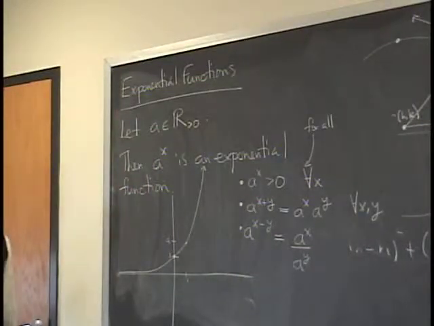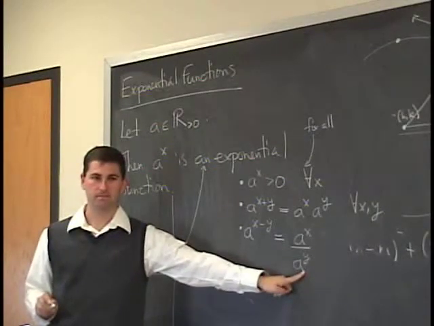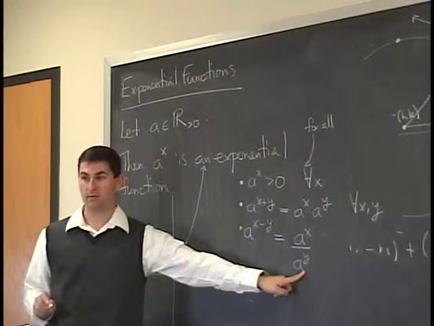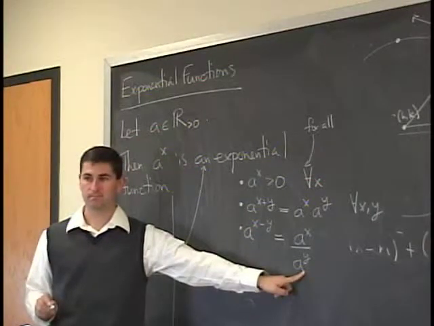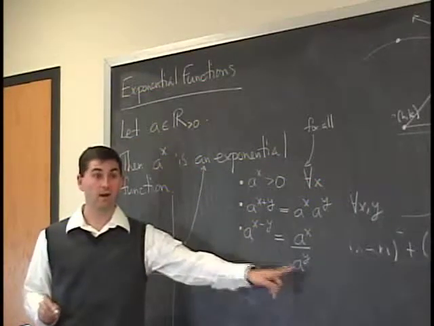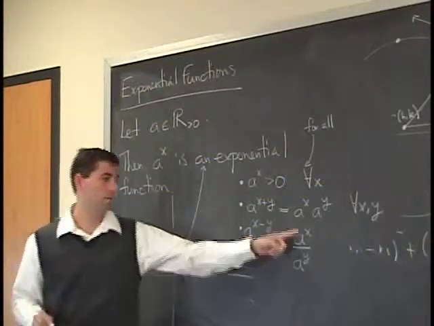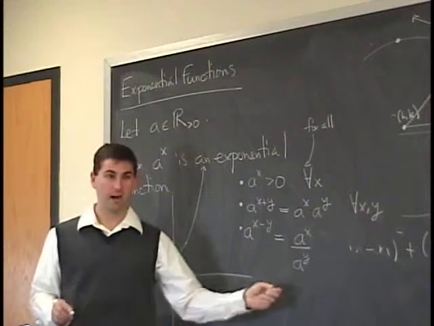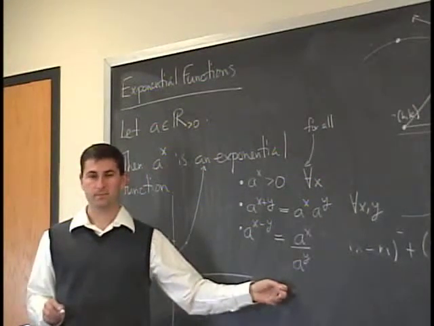Now, can I get a problem here? I have a fraction. When do fractions have problems? The denominator cannot be 0. So can I have the denominator equal to 0? No. Why not?